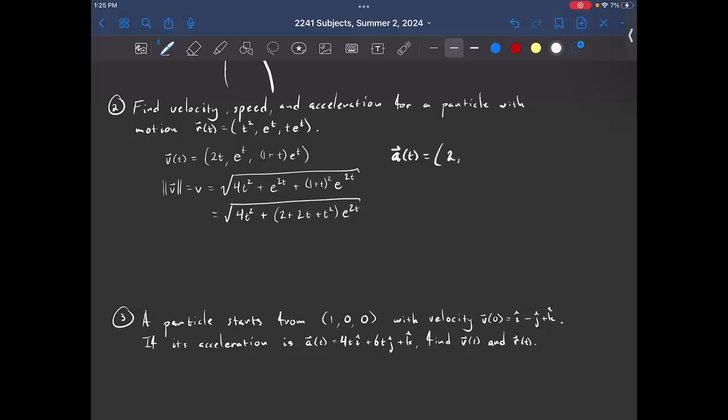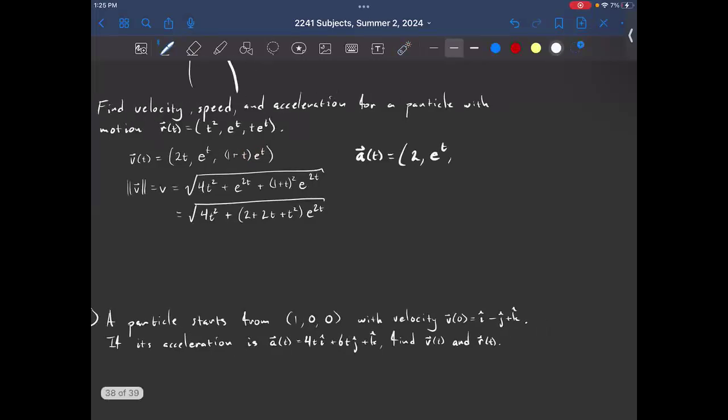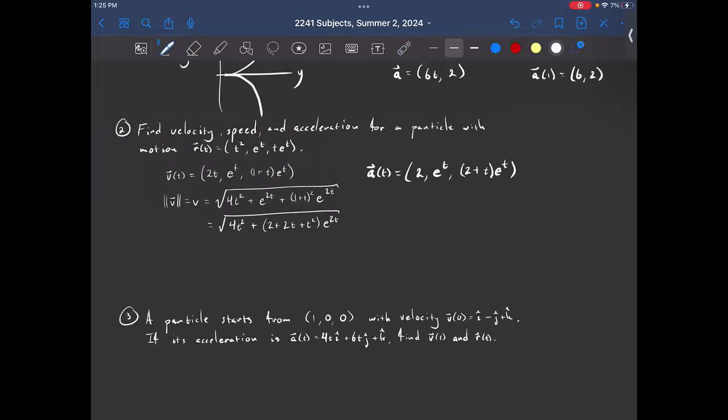And so that's going to be 2e to the t, and take the derivative of this thing again, and you should get 2 plus, hold on, 2 plus t, I think, e to the t. Yes. And so there's our acceleration function, and that's it.